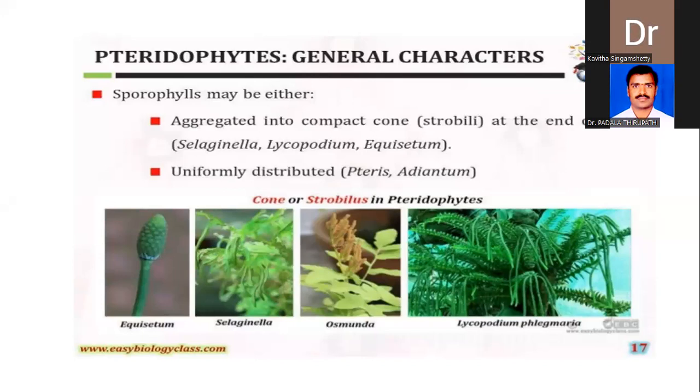In pteridophytes, all these sporophylls which have the sporangia are aggregated and compactly arranged with one another, forming a common structure, which we call a cone, or a strobilus.